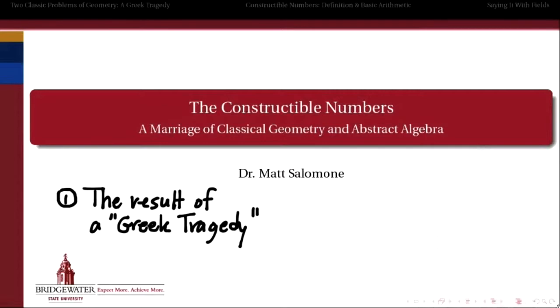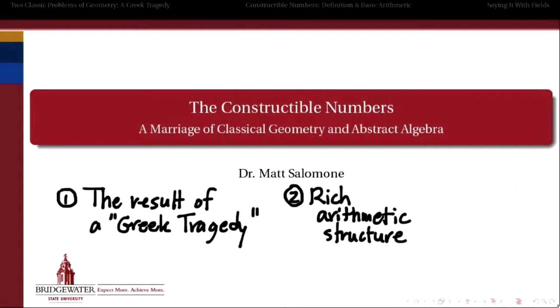And so we're going to use some more modern techniques to answer a question that the Greeks had some difficulty answering. And that leads us to the definition of the constructible numbers, and it turns out that we can do a lot of arithmetic with constructible numbers, not just addition and subtraction, but also multiplication, division, and one more operation that comes from geometry that makes the field of constructible numbers more interesting than other fields that we might study.